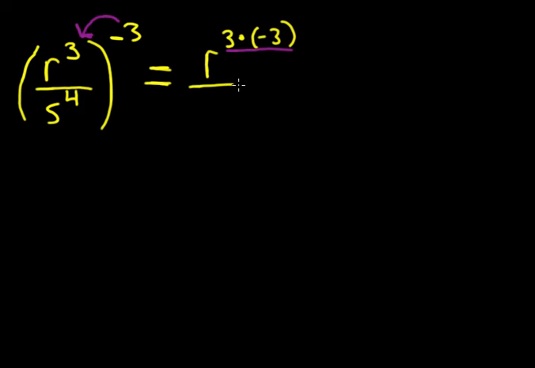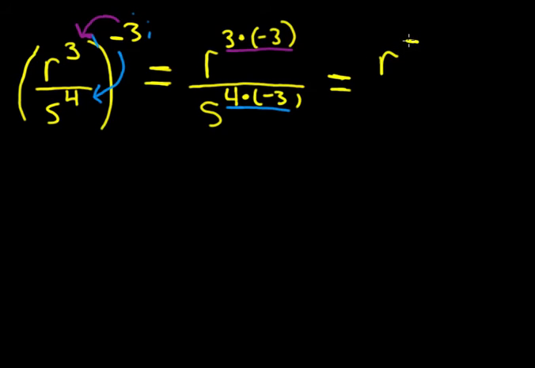And then on the bottom part of my fraction, on the denominator, I have 4 times negative 3. Because our power quotient rule said that this power on the outside gets multiplied to each exponent in the fraction. So we'll do our multiplication here, and this gives us r to the negative 9th over s to the negative 12th.